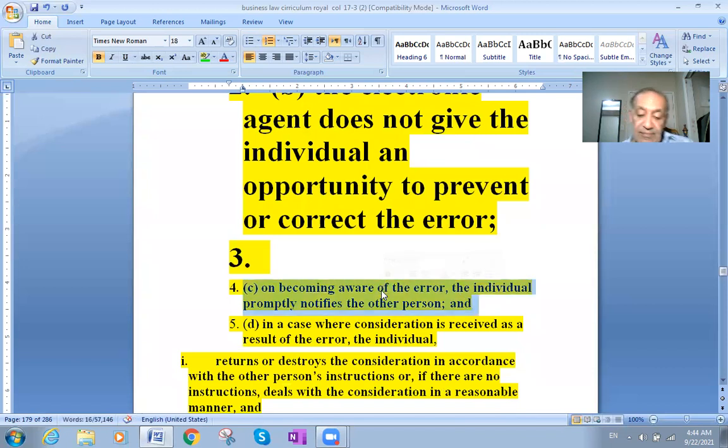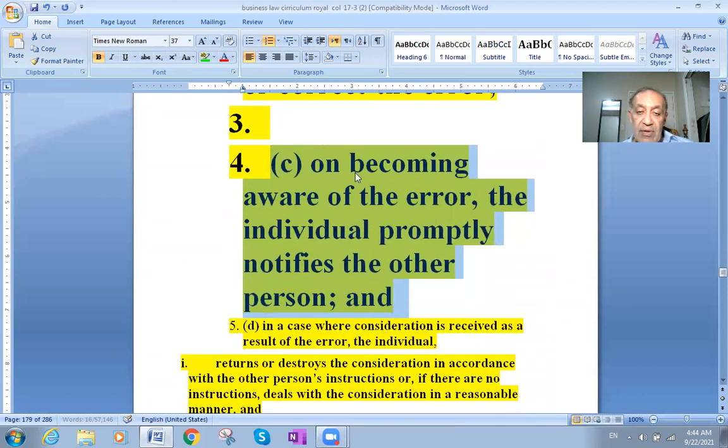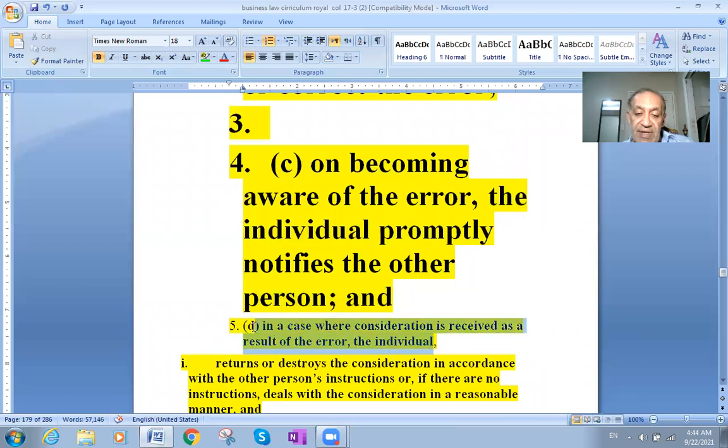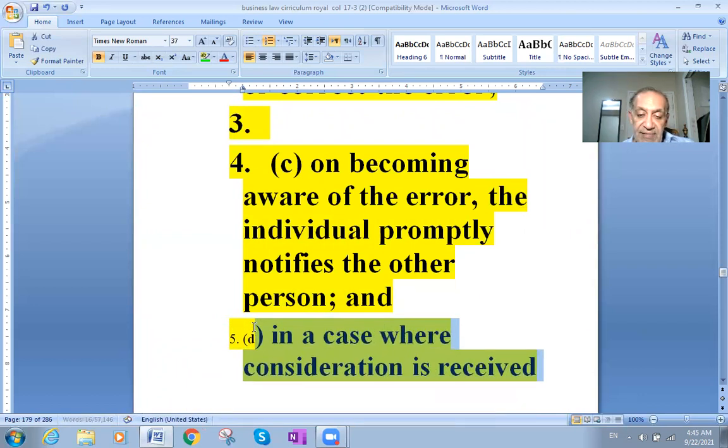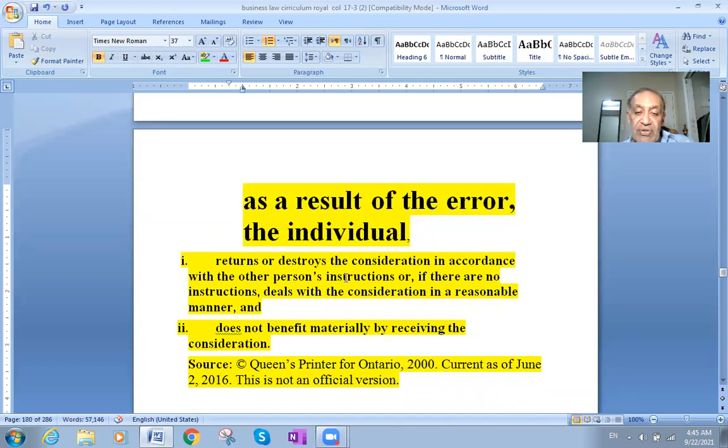Third case: on becoming aware of the error, the individual promptly notifies the other person, and in a case where consideration is received as a result of the error, the individual returns or destroys the consideration in accordance with the other person's instructions, or if there are no instructions, deals with the consideration in a reasonable manner.